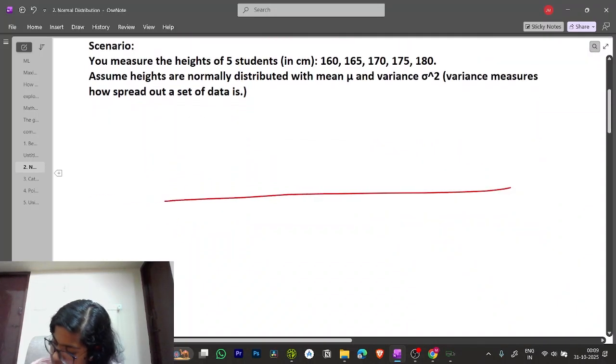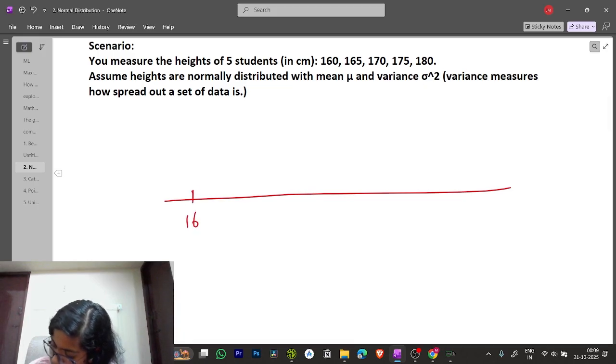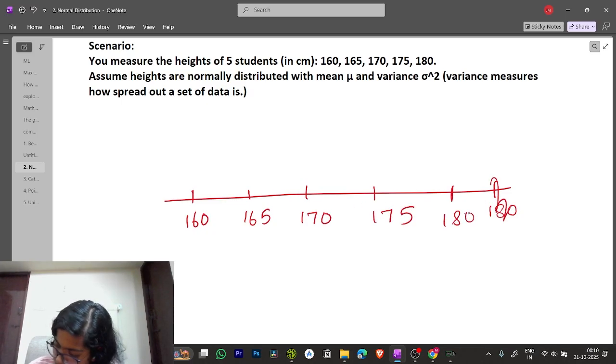What is the least value here? The least value is 160, and the maximum is 180. So 160, 165, 170, 175, and I'll write 180 here.